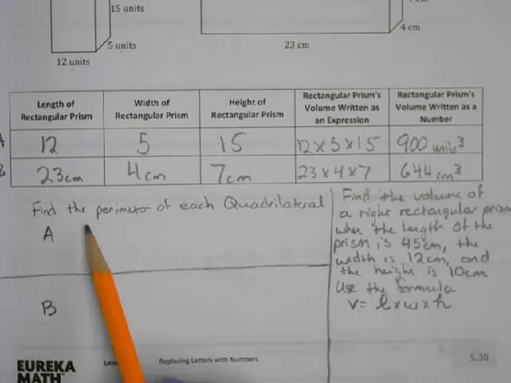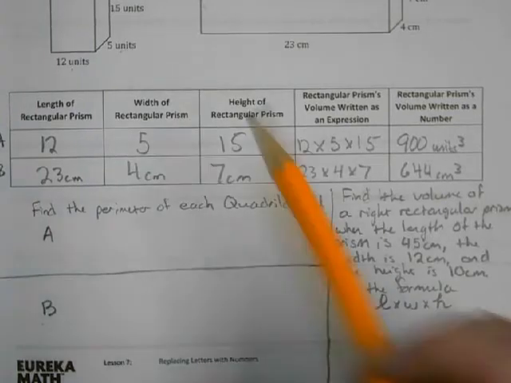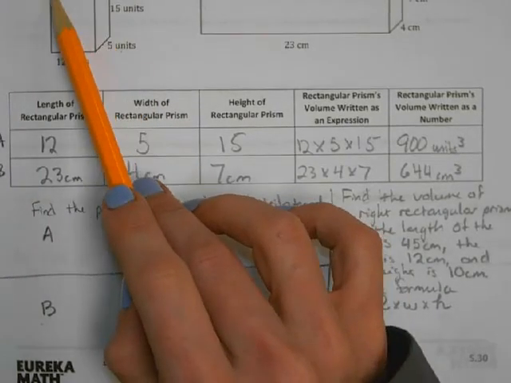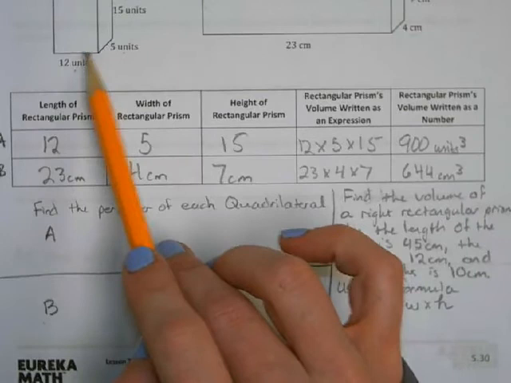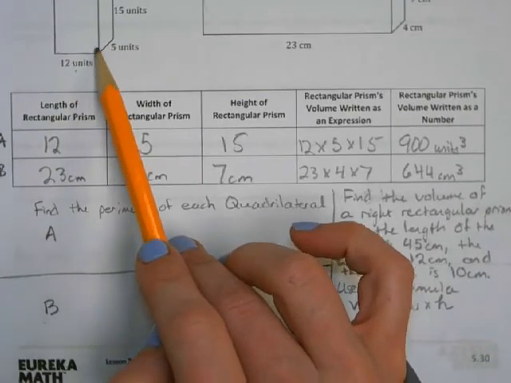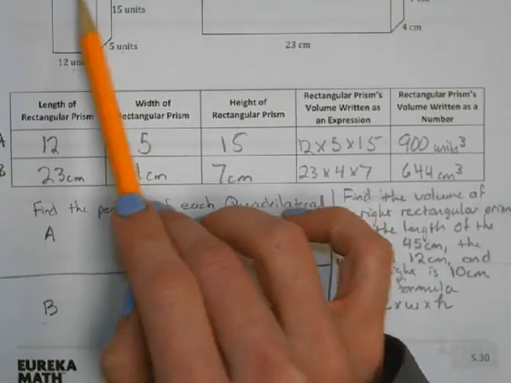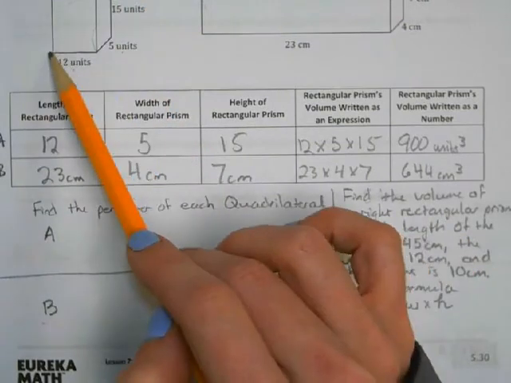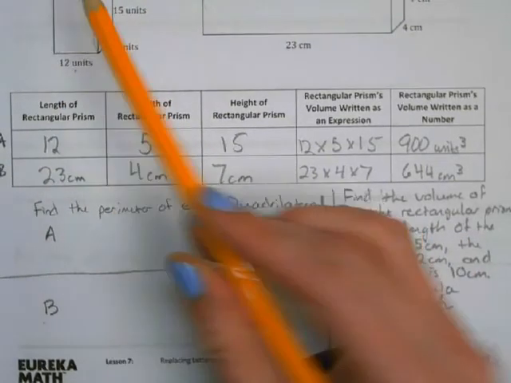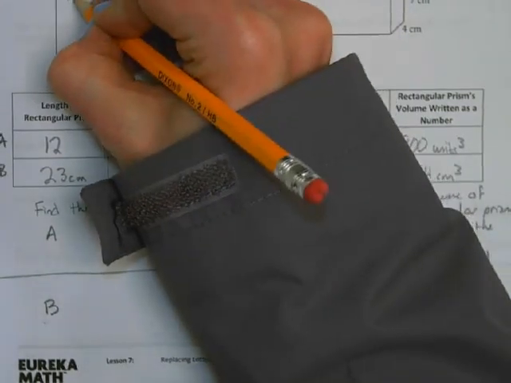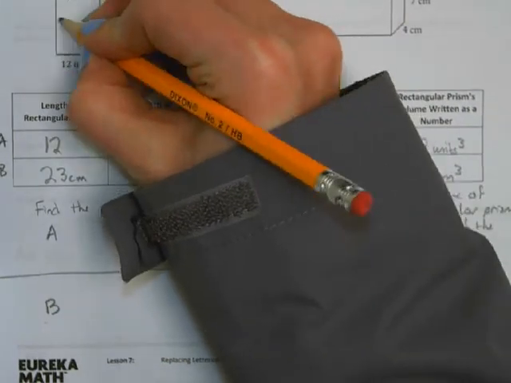On here it says find the perimeter for each quadrilateral. Well, there are 4 sides: 2 sides that are 12 wide and 15 high. So this side and then the back of the box. So this is 12 plus 12, and then this one's 15 and 15.